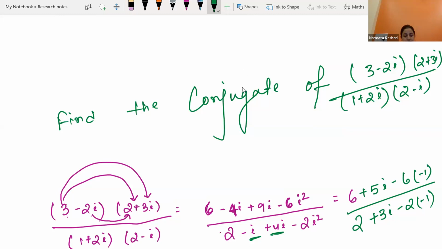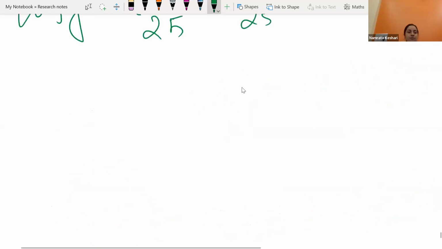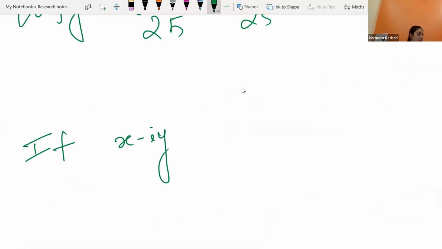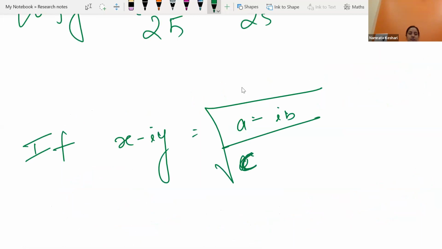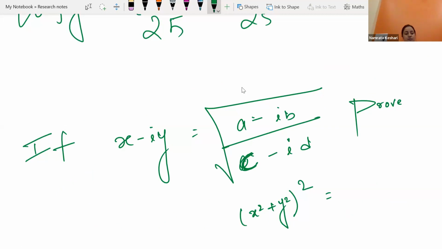Let's do a few more questions. If x minus iy is equal to the square root of a minus ib over c minus id, then prove that (x square plus y square) whole square is equal to a square plus b square over c square plus d square.